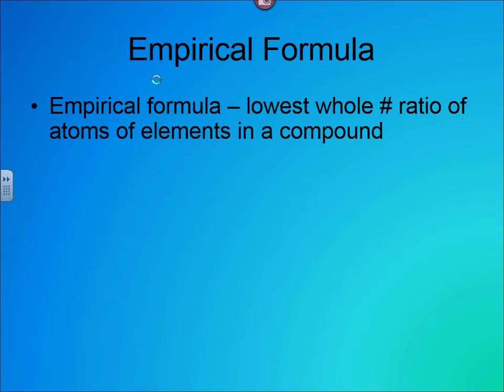The empirical formula, empirical is a word that means from data or from experiment, by the way. The empirical formula is the lowest whole number ratio of atoms of elements in a compound.